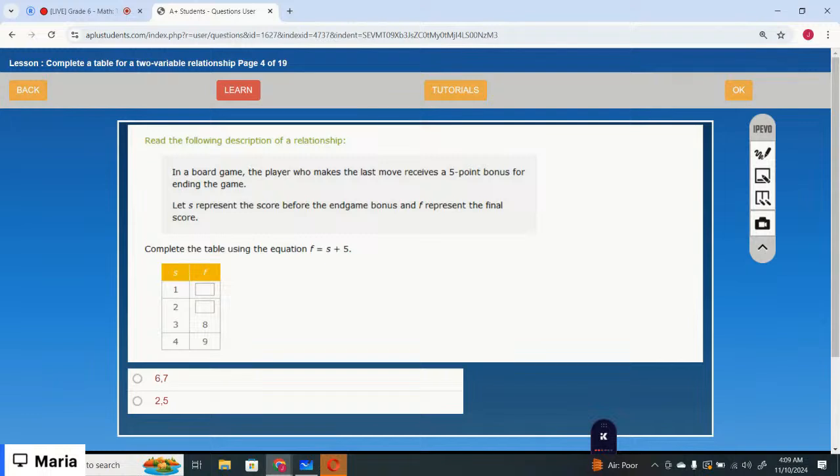The values are 6 and 7. Option number 1 is the correct option.